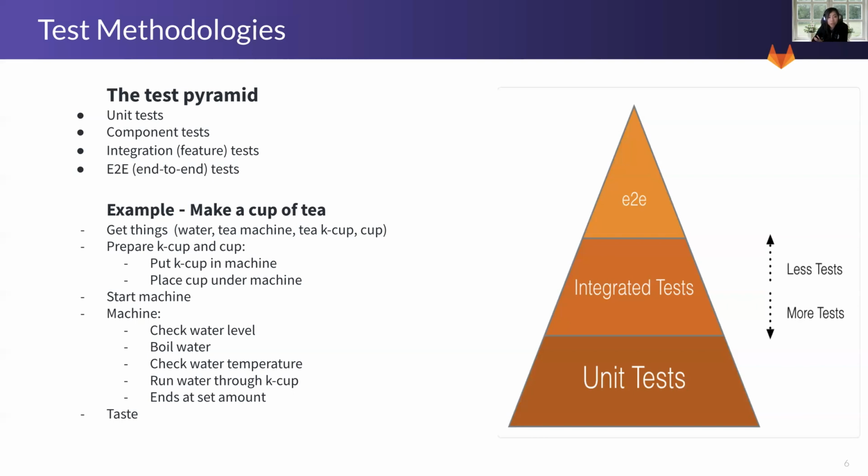After we finish, we want to have 1 end-to-end test for the entire process, which is, for example, in the test, we will start the process with calling getThings, calling prepare K-cup, start the machine and call taste, and then at the end we want to test that there's a cup and there's liquid in the cup and the liquid tastes like tea.